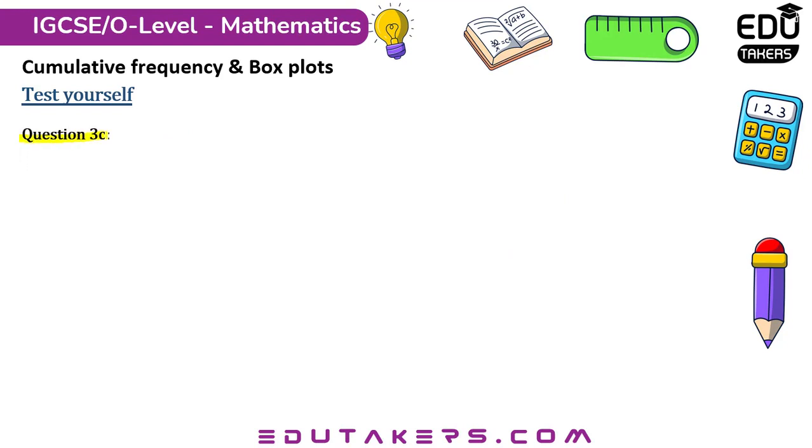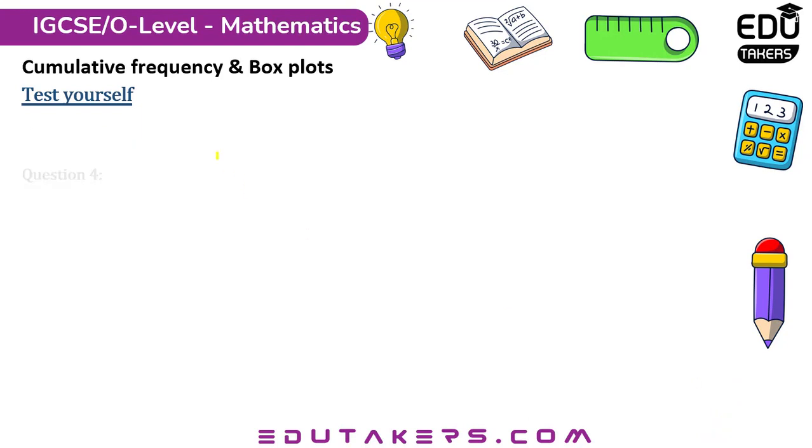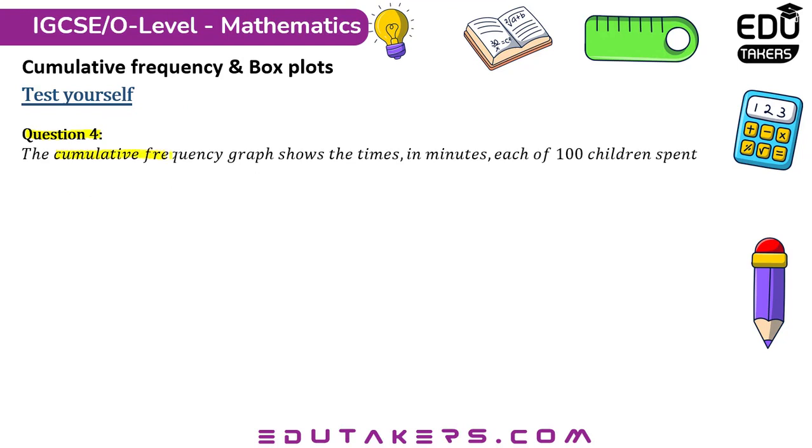Question number 3c. Calculate an estimate of the mean is of 6 marks. Question number 4. The cumulative frequency graph shows the times in minutes each of 100 children spent exercising in 1 week.